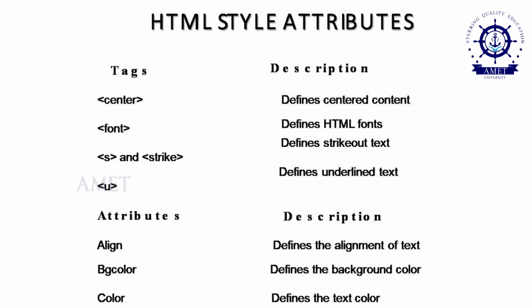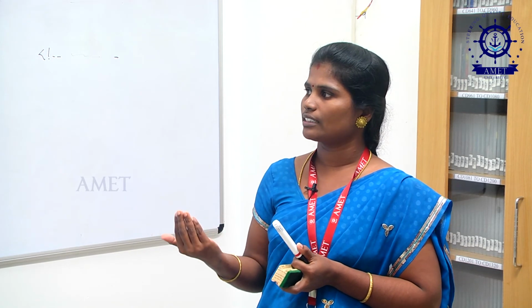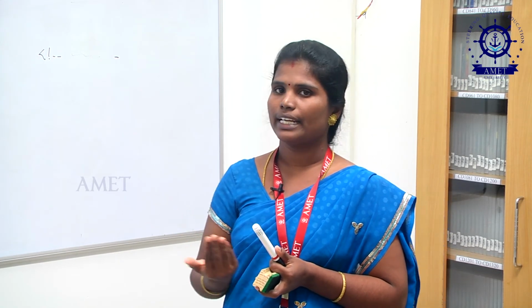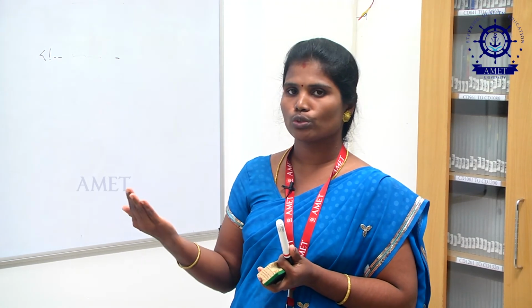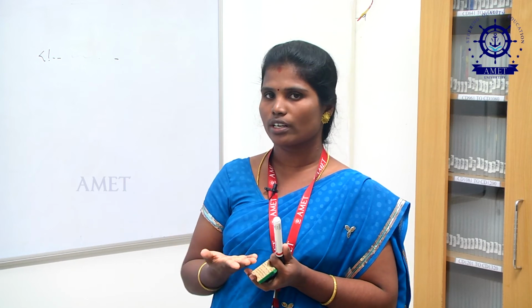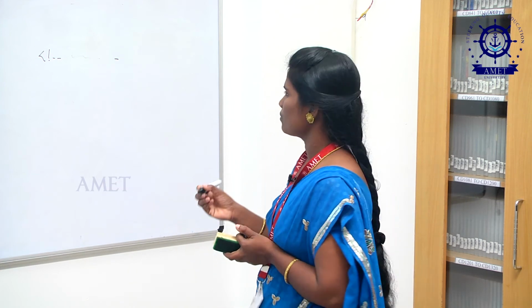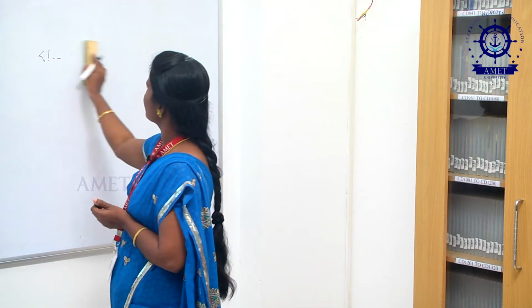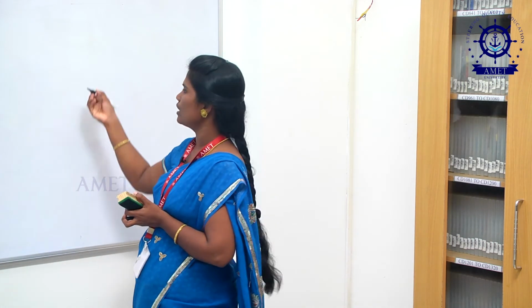Next, HTML style attributes. You have a lot of style attributes. These attributes are predefined, which means they are already defined by the programmer. If you want, you can use those attributes in your web page based on your need. We have seen how to use bgcolor, meaning background color.